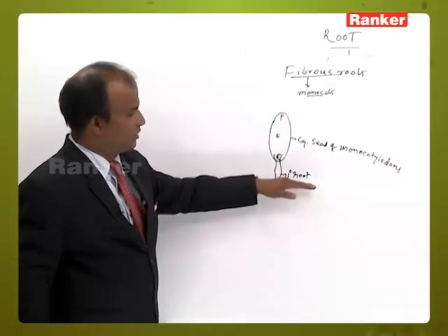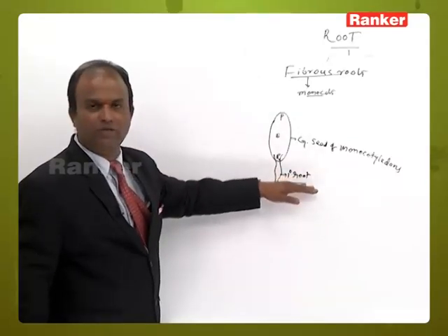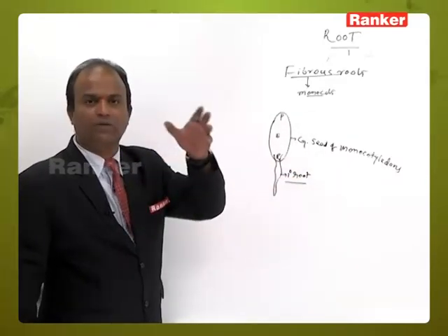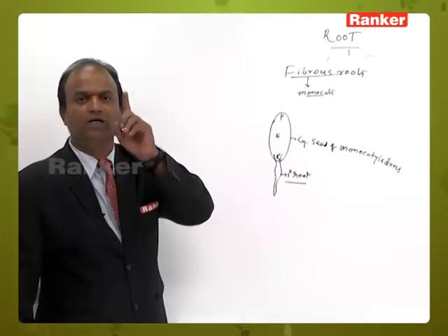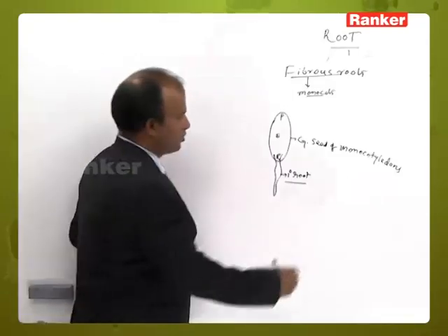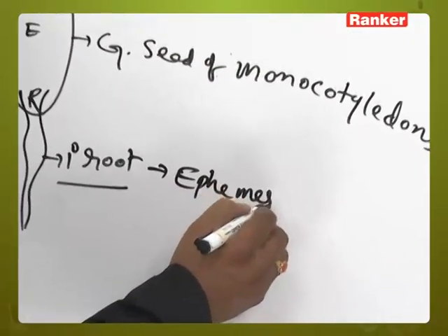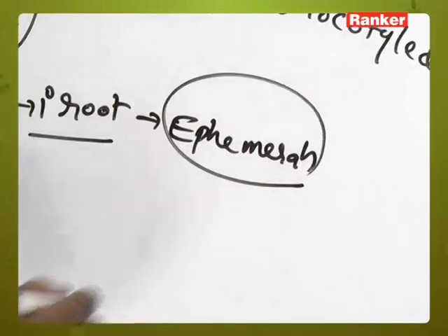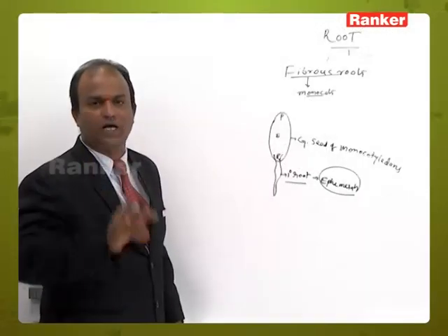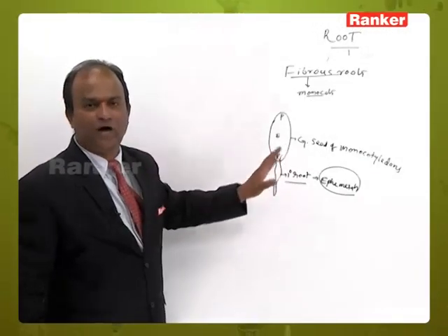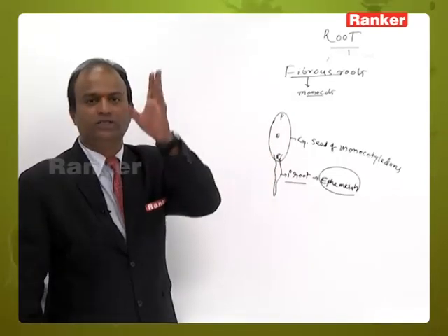But in monocots, is this primary root ephemeral or perennial? It is ephemeral. What is meant by ephemeral? It shows a shorter lifespan. Soon after formation, it undergoes degeneration.